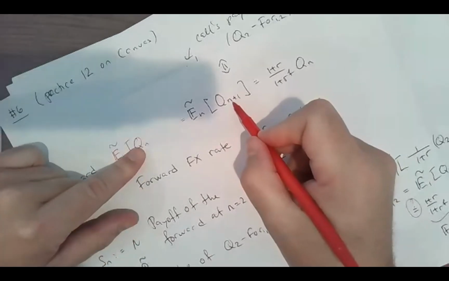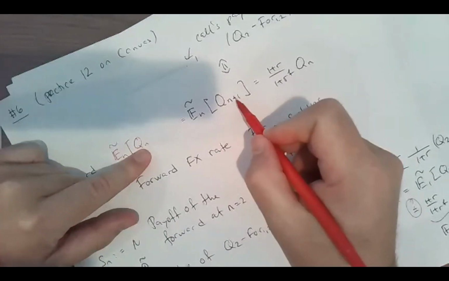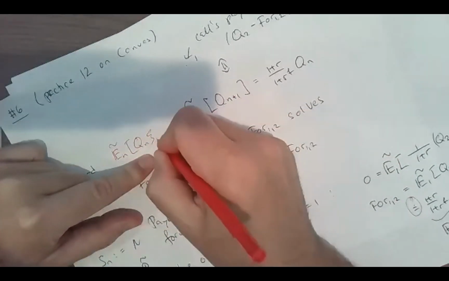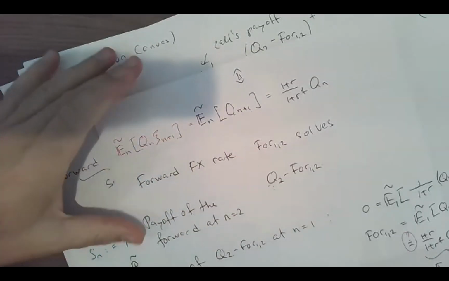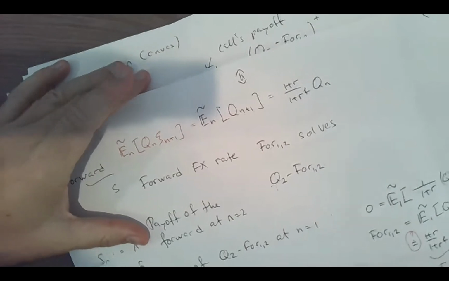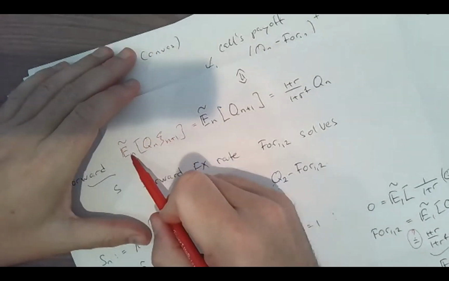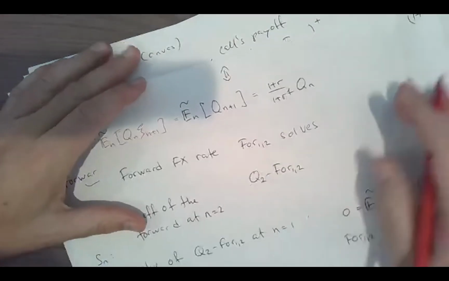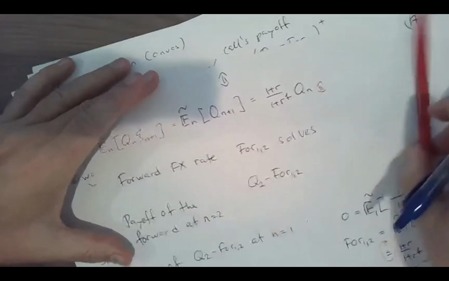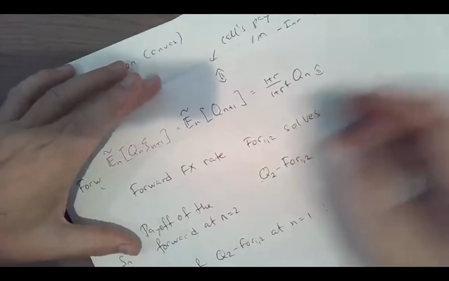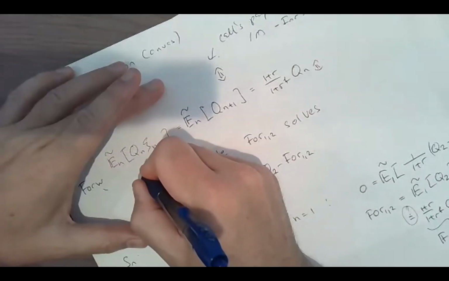Right, so that's the relationship between Qn and Qn plus 1. This is given by these coin flips. And Qn is going to be Fn measurable. So from this expression here, we will actually get what the risk neutral probabilities are, as we did on an earlier slide as well.